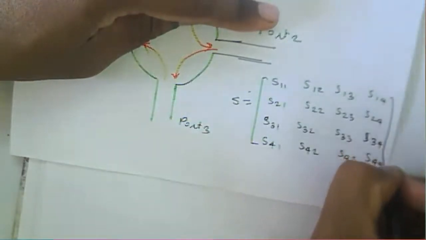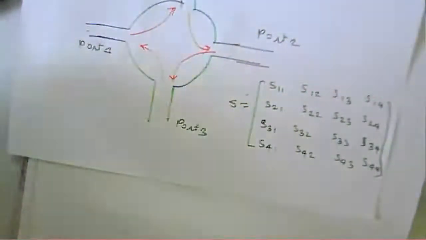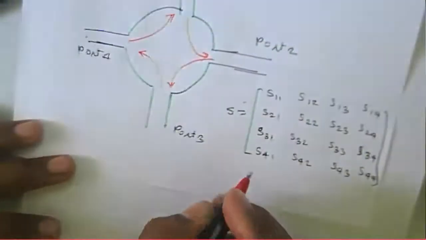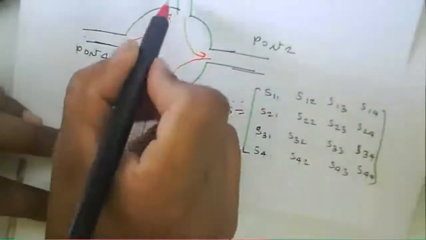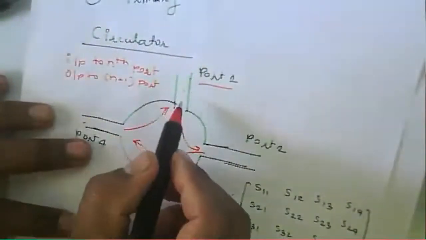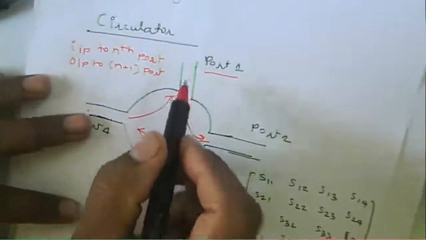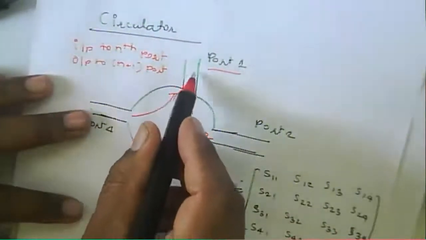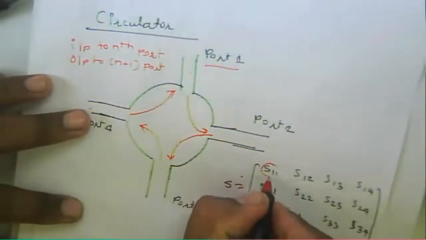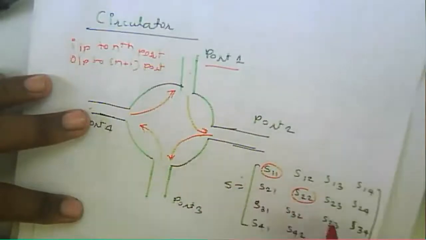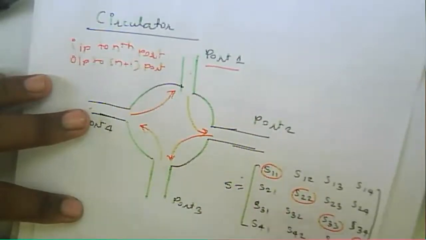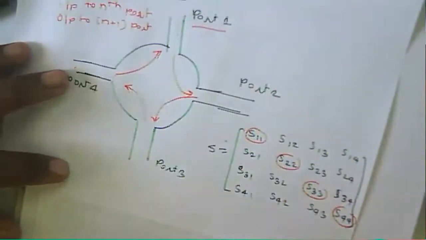Now this is nothing but your circulator. Consider that all the ports are matched. In this case, this becomes 0, this becomes 0, meaning your diagonal elements are 0.